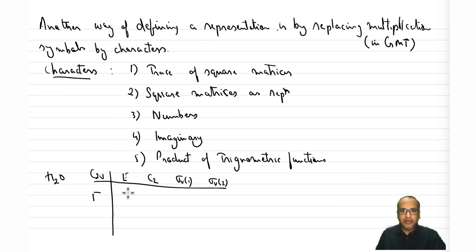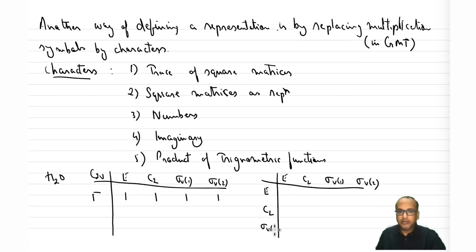Let us say I define E as character 1, C2 as character 1, sigma V1 as character 1, sigma V2 as character 1. Now if I write GMT using those characters, that is E, C2, sigma V1, sigma V2, here also I'll have to write the same thing, right? So now if I'm writing 1 1 1 1, all the products will be 1, right?